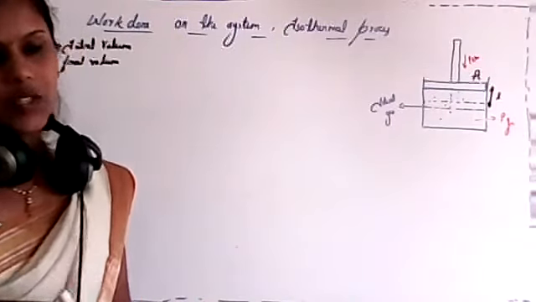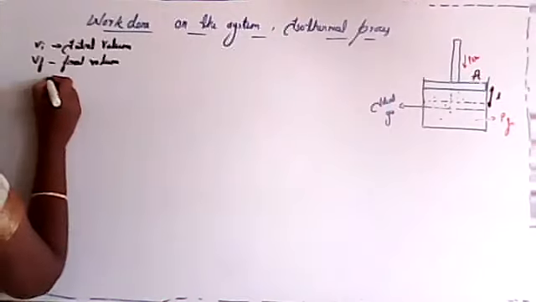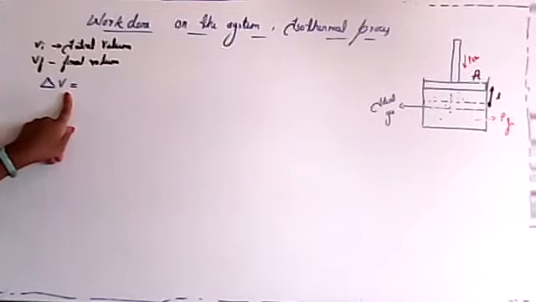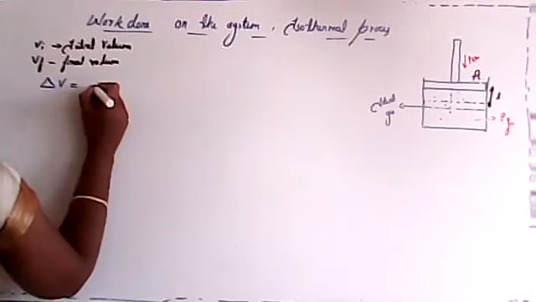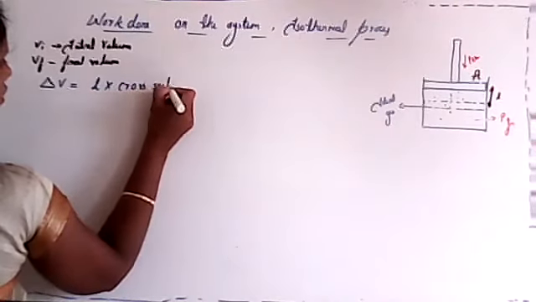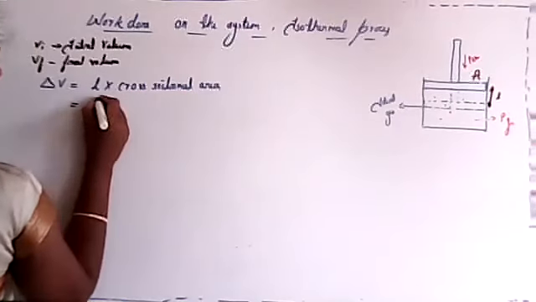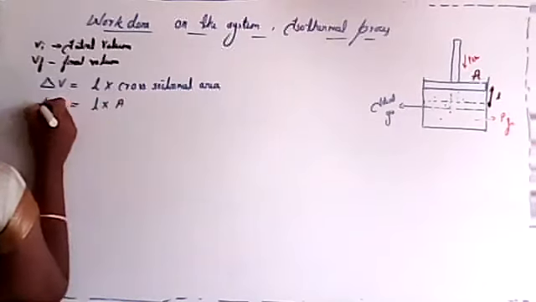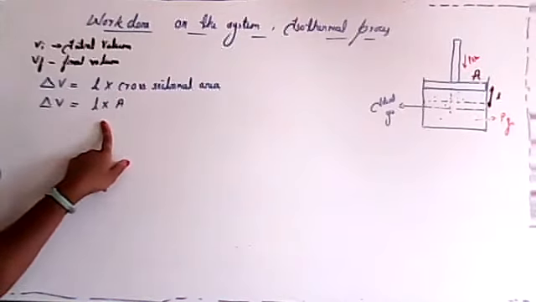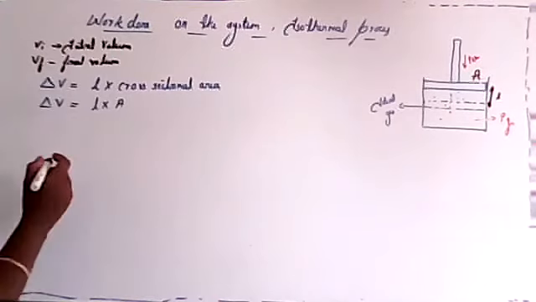So now see, student, volume change, I'll consider delta V. Volume change is equal to what? Distance into cross-sectional area. So I'll consider L into A. Is it clear? Delta V is equal to L into A. Next, I'll consider pressure.